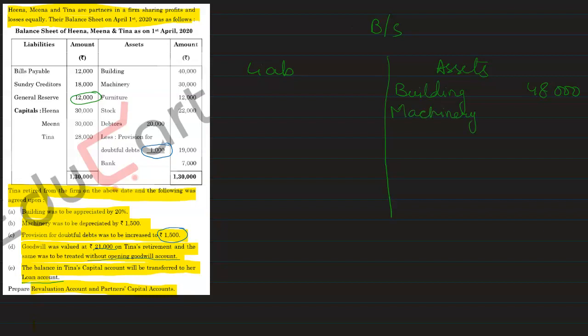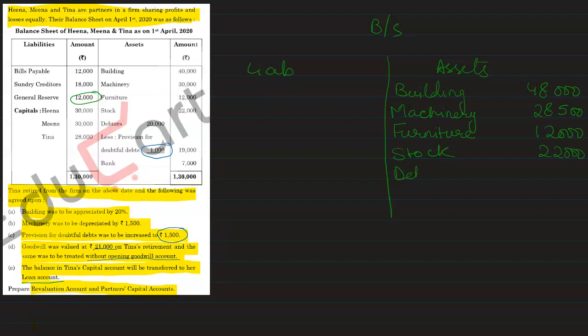Machinery will be 30,000 minus 1,500, that is 28,500. The furniture will remain the same as there has been no revaluation in respect of it. There will be no change in stock also. It will also remain the same.